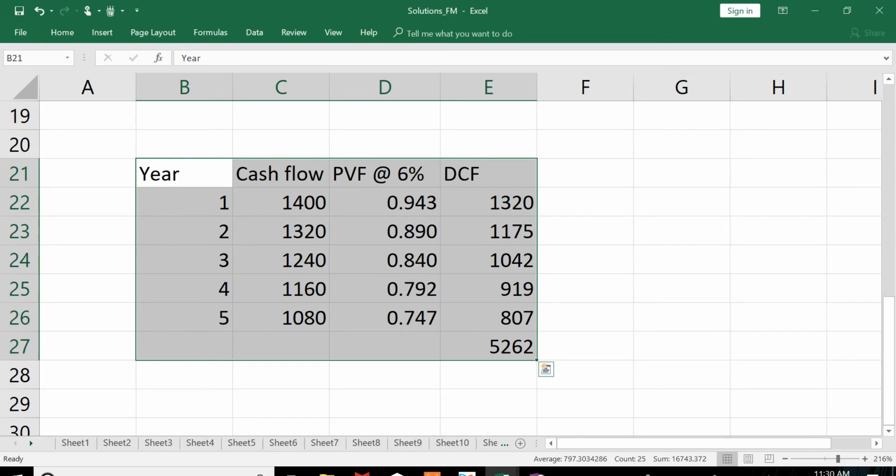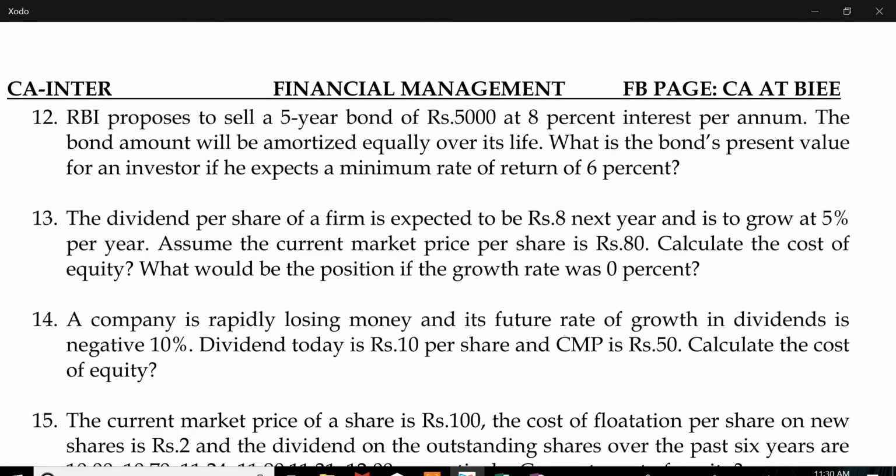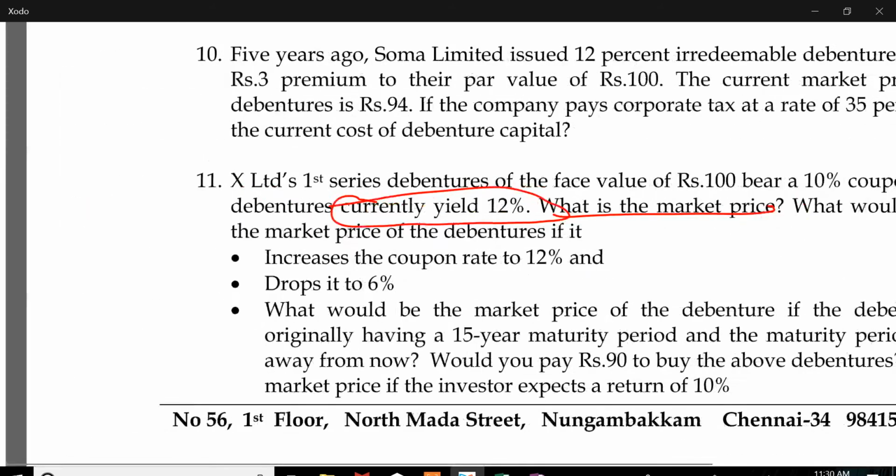Done? Can we proceed? Any doubts in this? Anybody has any doubts in this? Clear? Now, we are done with debentures. I'll move now to equity shares.